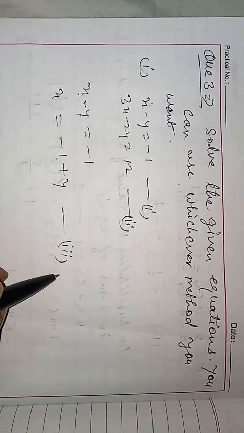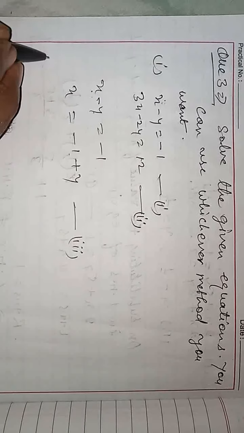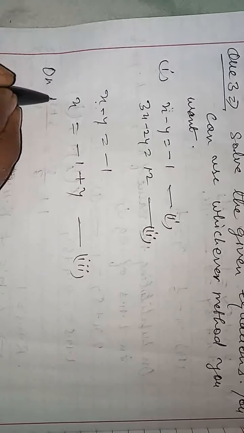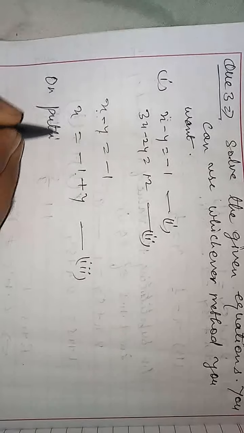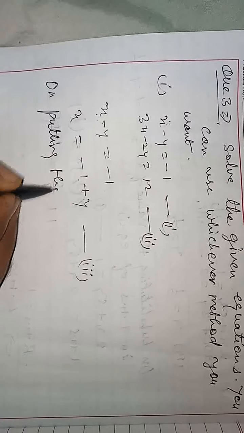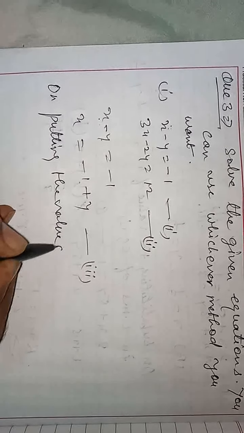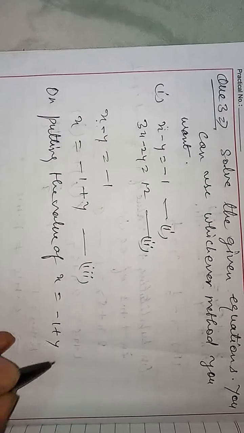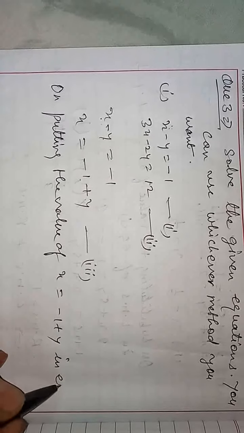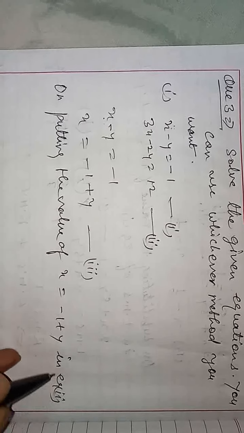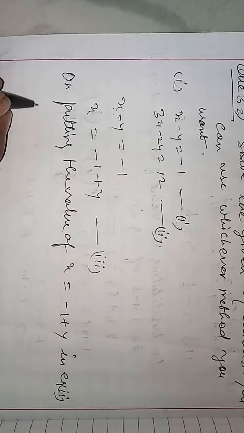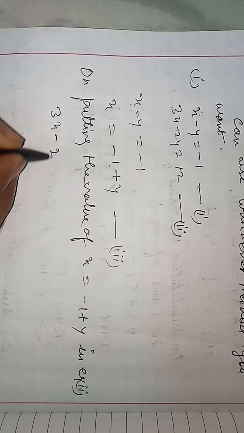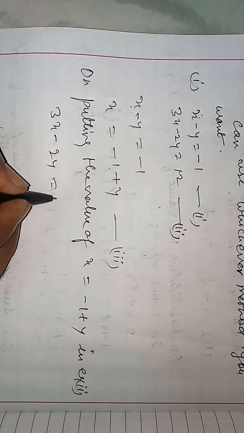This is equation third. Now putting the value of x is equal to minus 1 plus y in equation second. Second equation is 3x minus 2y is equal to 12.